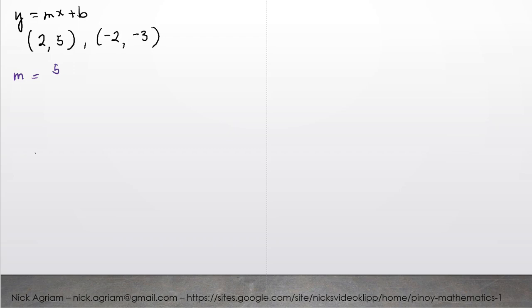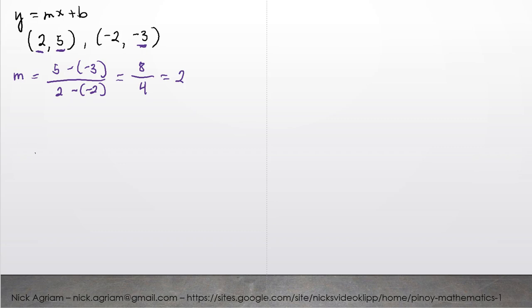So I have 5 minus negative 3, and then I must start with 2 right now, negative 2. Then, negative negative will be positive, so we have 8 over 4. So our m, or slope, is 2.